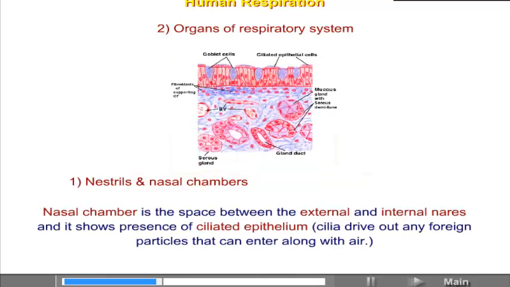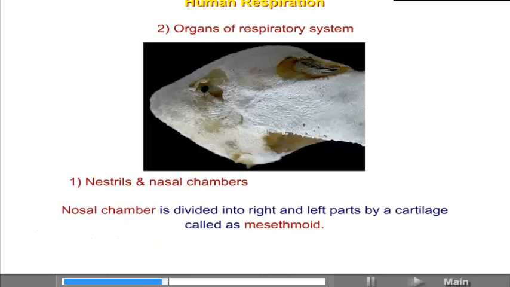Nasal chamber is the space between the external and internal nares, and it shows presence of ciliated epithelium. Cilia drive out any foreign particles that can enter along with air. Nasal chamber is divided into right and left parts by a cartilage called mesethmoid.